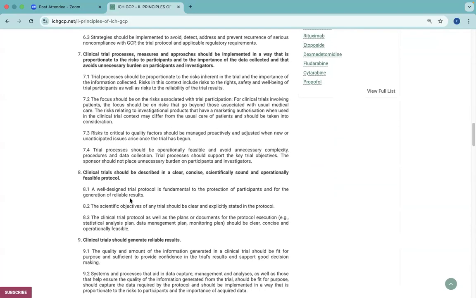A clinical trial should be described in a clear, concise, scientifically sound, and operationally feasible protocol. That means the protocol should contain all the information, clear, concise, and scientifically sound. Whenever I talk about a particular clinical trial, like why I'm using this medication for obesity or diabetes, what is the relationship, and why should we even utilize it?